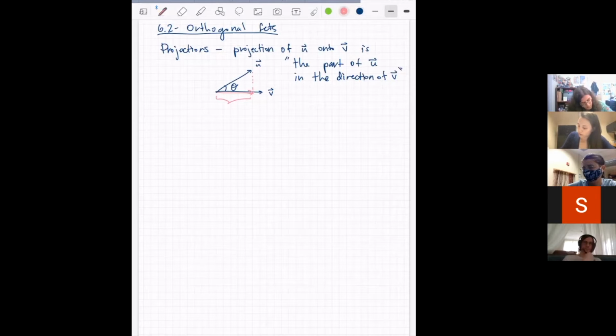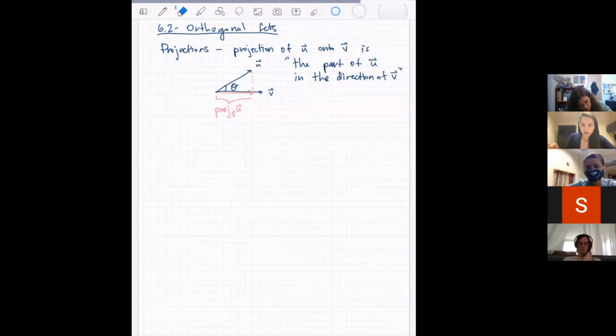So we're going to use the notation proj, projection of U onto V. V is like a subscript here, and that's what we're projecting onto.